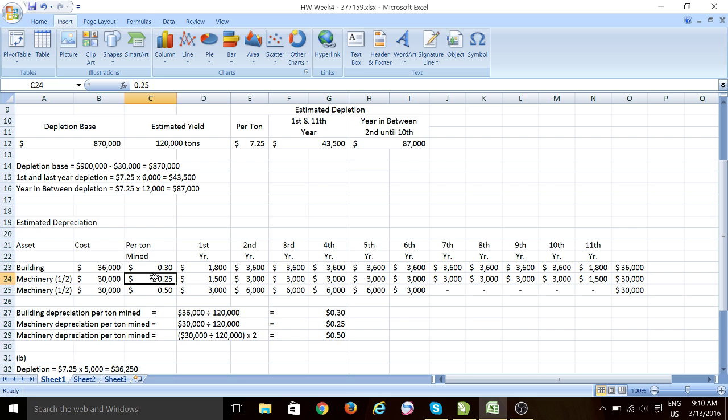So yeah, to get the per ton cost for the first machinery, we just divided 30,000 by 120,000, like the building, and we got 0.25.